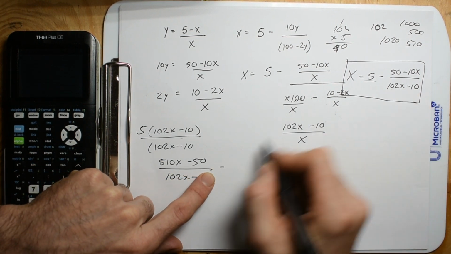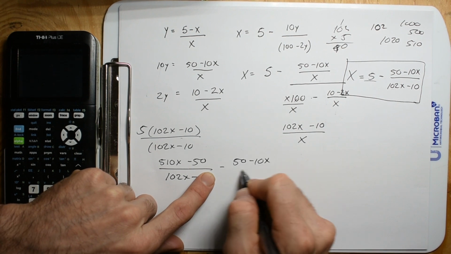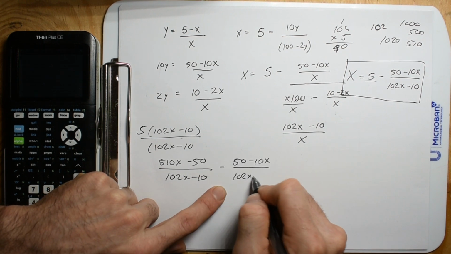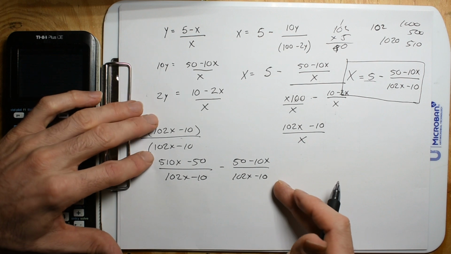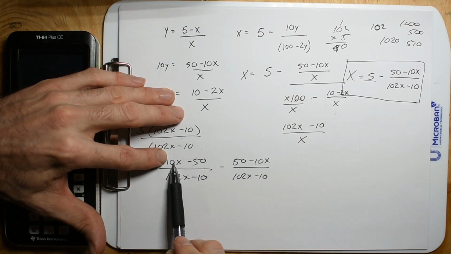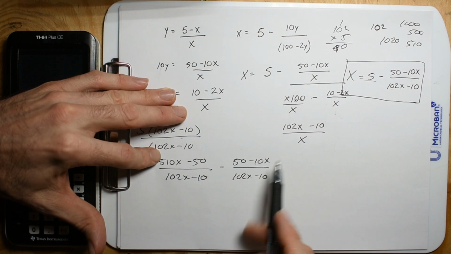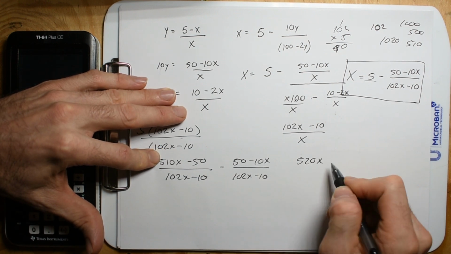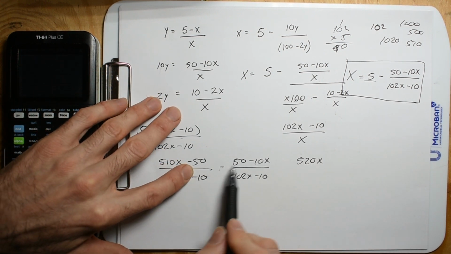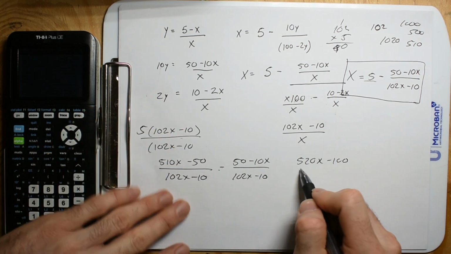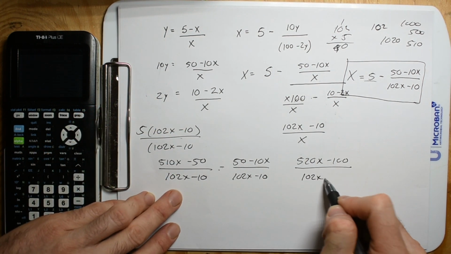And now I can subtract this: 50 minus 10x over 102x minus 10. I guess I don't mind negatives. I just do this: 510 minus, it looks like I'm adding 10. So it's going to be 520x, negative 50 minus 50, so minus 100, divided by 102x minus 10.